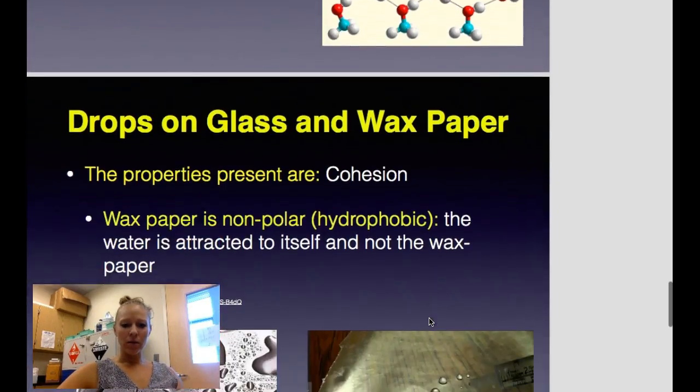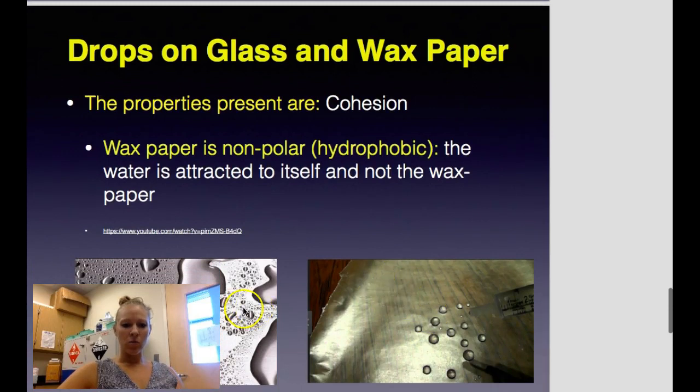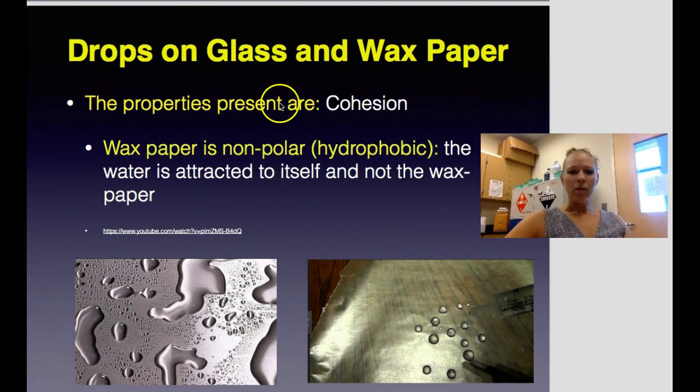All right, let me move myself here. Drops on glass and wax paper. Here we put drops of water onto wax paper, and you can see it beaded up. This is because the water was not going to interact with the wax paper, because wax paper is nonpolar.